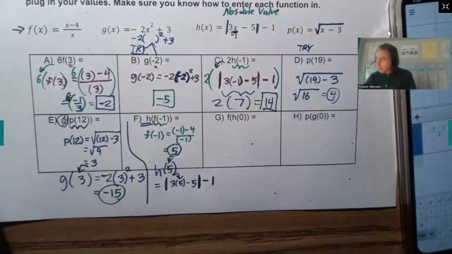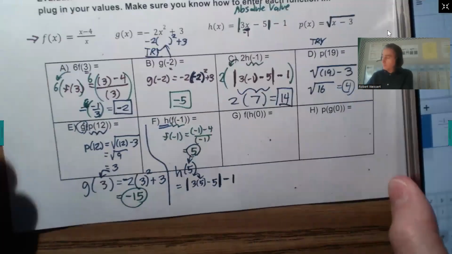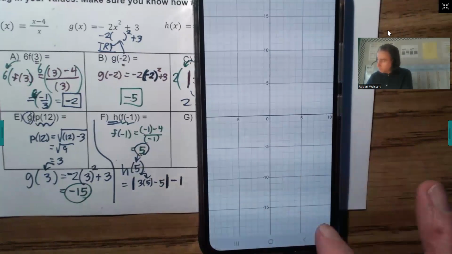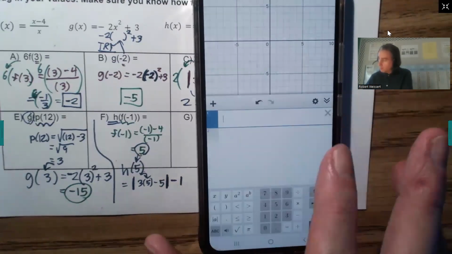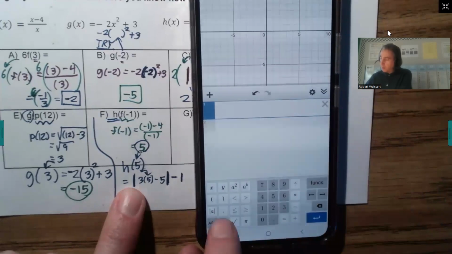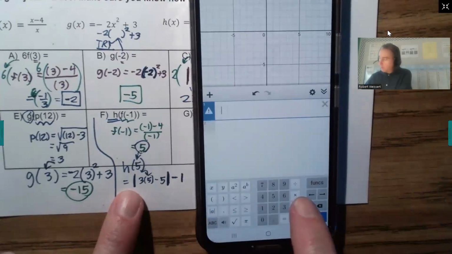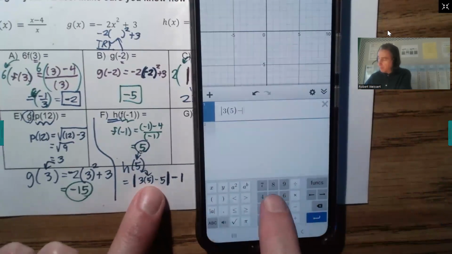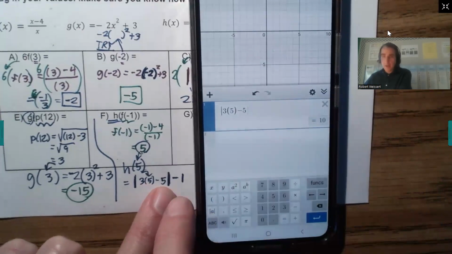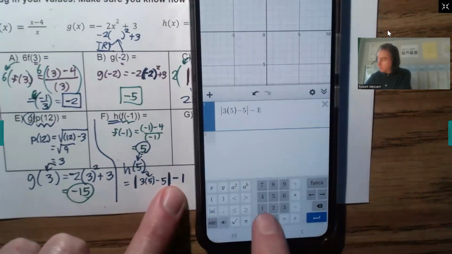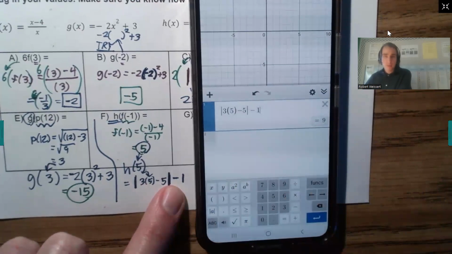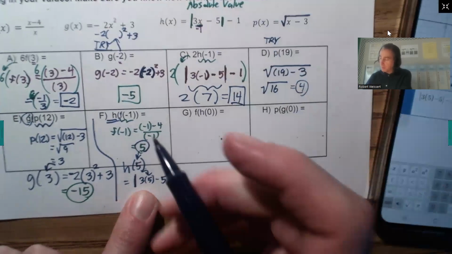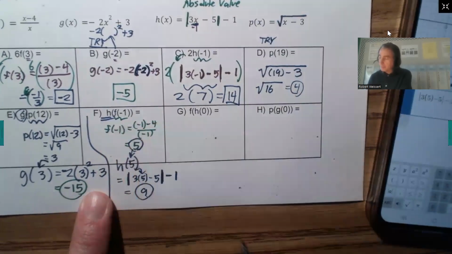So let's plug that in. So the absolute value bars are, again, right here. You do 3, parentheses 5, close parentheses, minus 5. Go outside the absolute value bars and hit minus 1. And your answer is going to be 9. The absolute value of 3 times 5 minus 5, minus 1 is equal to 9. That's the whole thing.